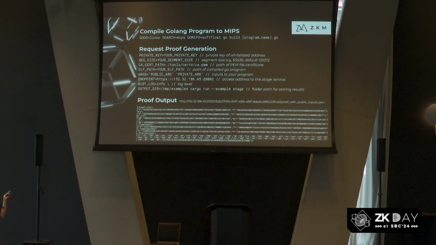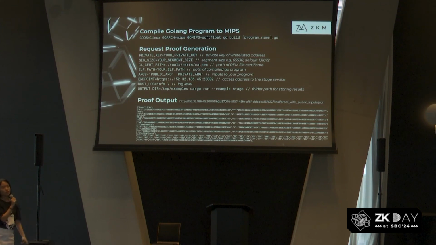And then from there, you can directly request your proof generation, specifying parameters like the private key that corresponds to the address that you have whitelisted, the segment size, the path of your ELF file, the endpoint of the proving service, and arguments, so that includes the public and private inputs to your program. And if that proof generation is successful, you'll get this URL as a result.